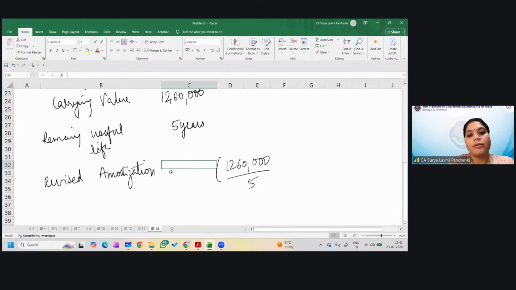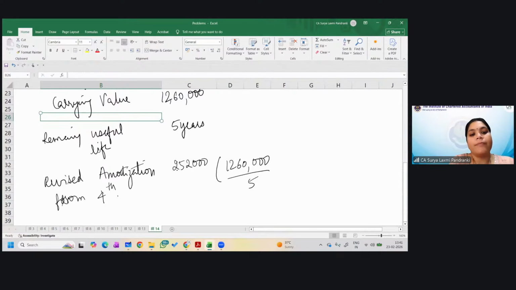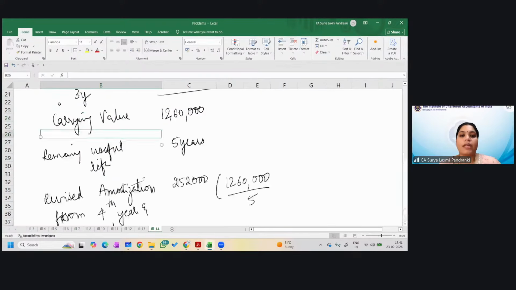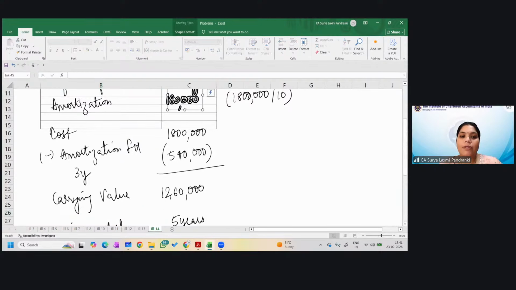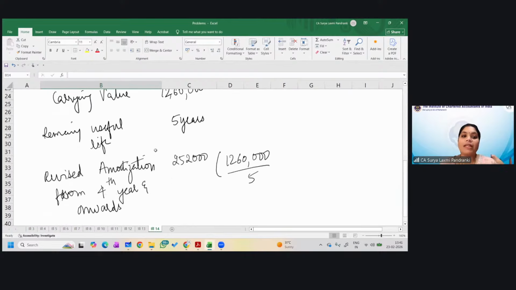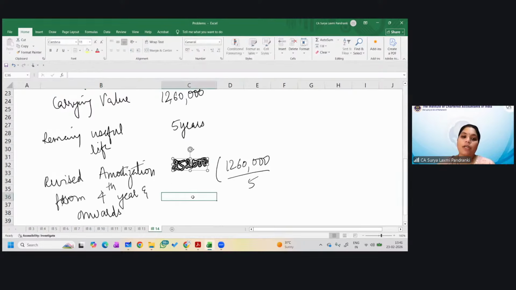How much? 2,52,000. From the fourth year and onwards, you will start providing 2,52,000 amortization. Initially, it was 1,80,000, but since you have revised the useful life, amortization has changed.